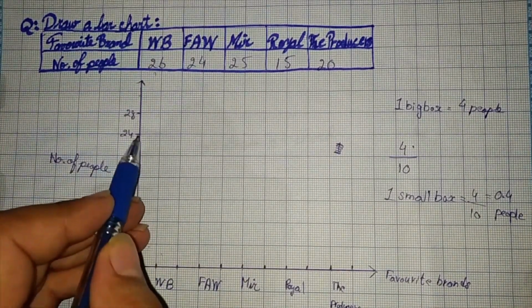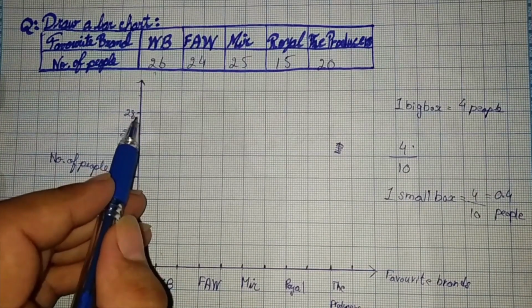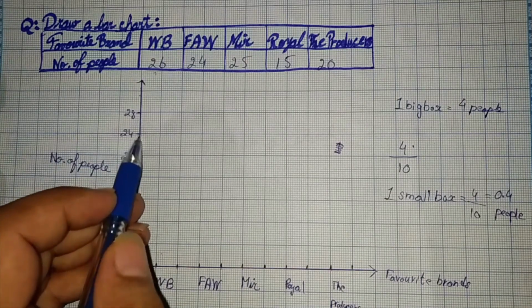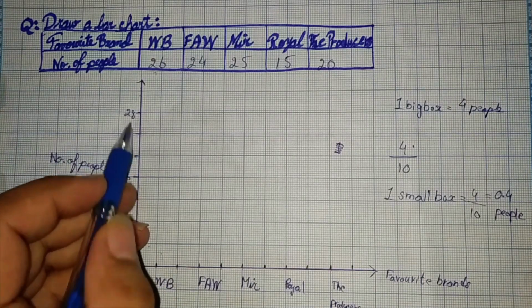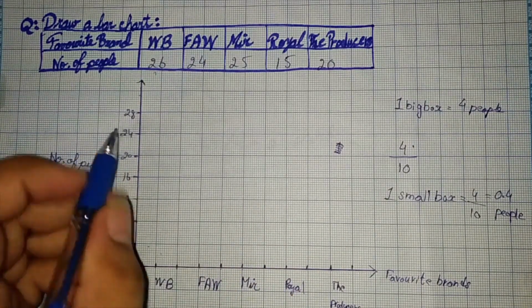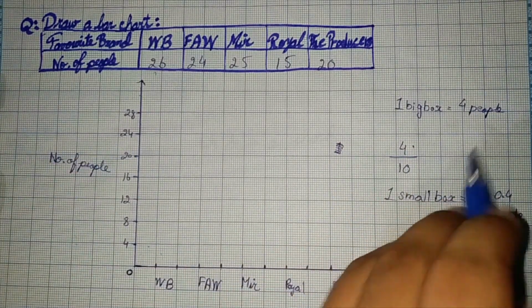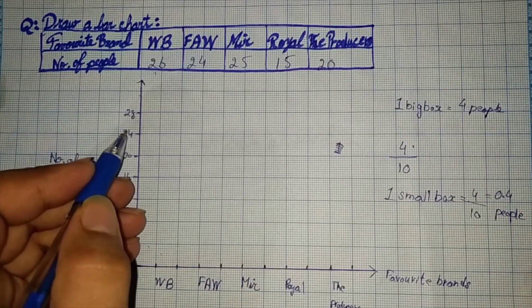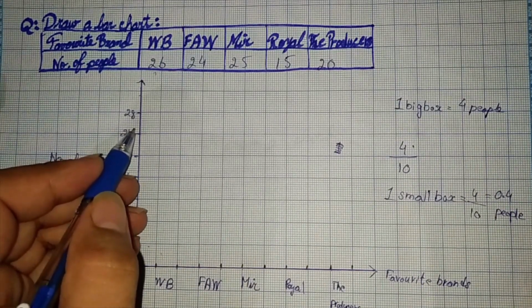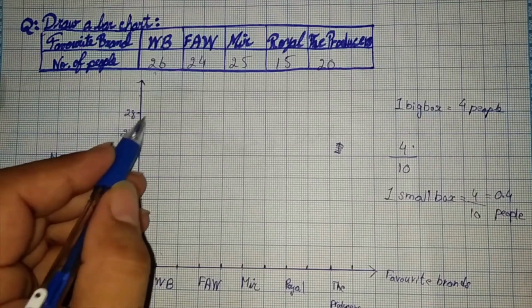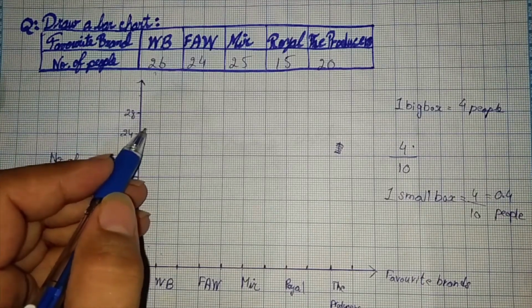Here we have 24, and here we have 28, so 26 will lie somewhere between these. If one big box is representing 4 people, then here we have 24, so 25, 26 and 27 will lie in this big box.